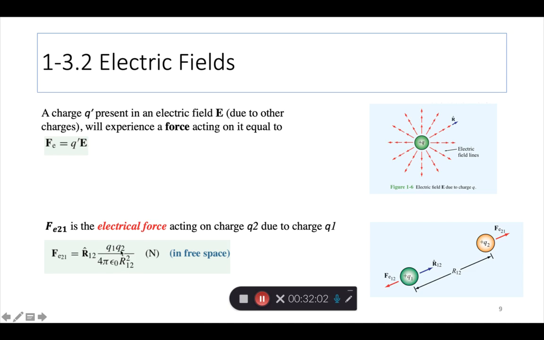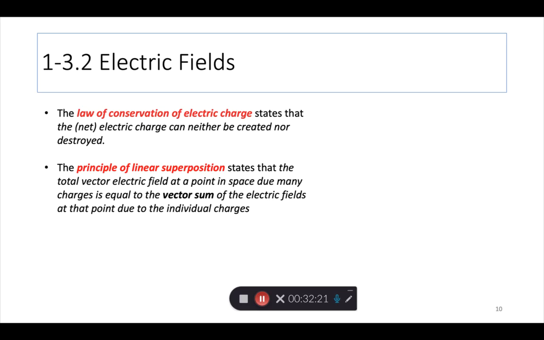But here both the Q1 and Q2 appear in the formula as the product, and the R appears as an R square, and the rest of the formula you can see. This is also a vector, it has a direction. Okay. So this is another method or set of formulas we see in the textbook.